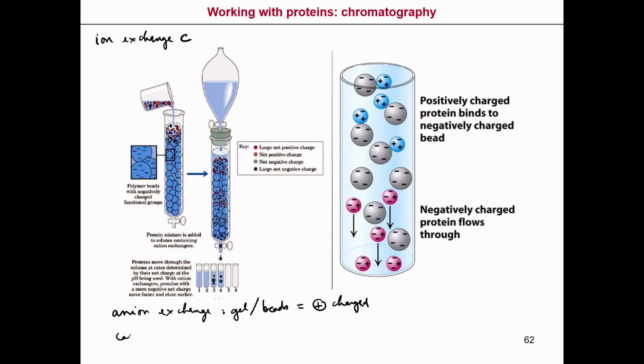And you have cation exchange, in which the gel and the beads are negatively charged. So here we have beads which are negatively charged. In this example, it's cation exchange chromatography.